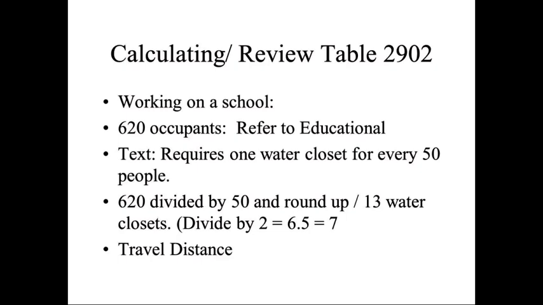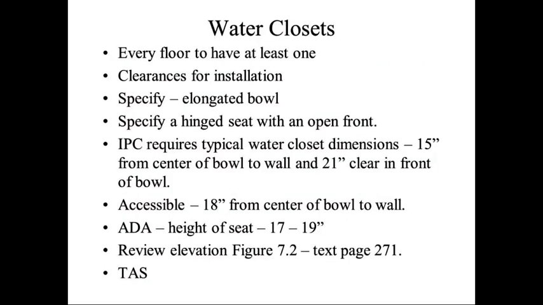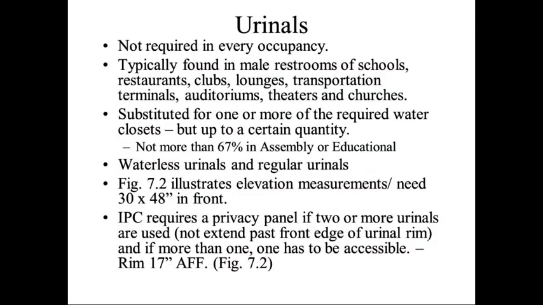We end up needing 7 fixtures, because it's 12.4, and we always have to round up. Then we have to look at the travel distance that's required for educational. So every floor has at least one water closet, clearance for installation, specify elongated bowl, remember the hinge seat, the typical dimensions, and look at your TAS.